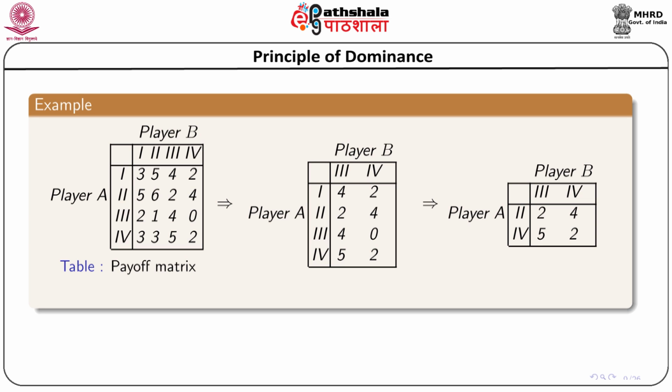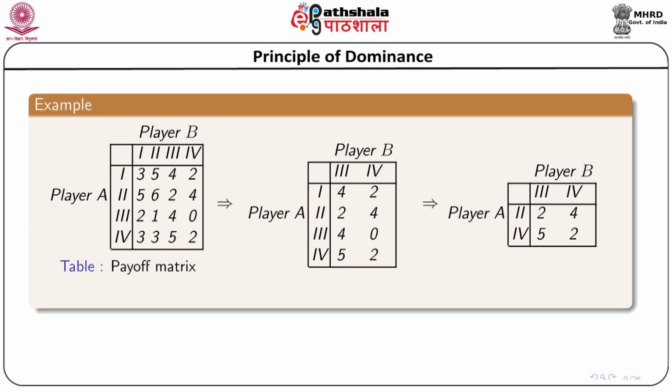The reduced pair matrix is shown in the next table. Again, in this revised pair matrix, we see that rows 1 and 3 are dominated by row 4.